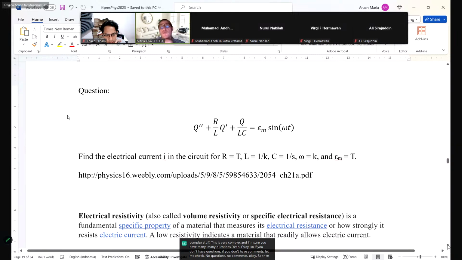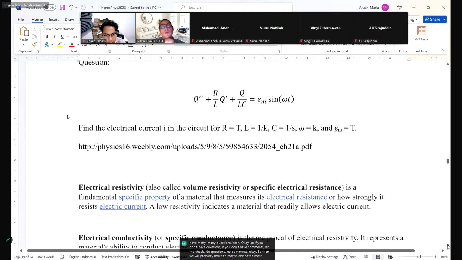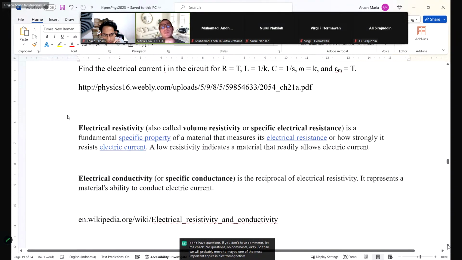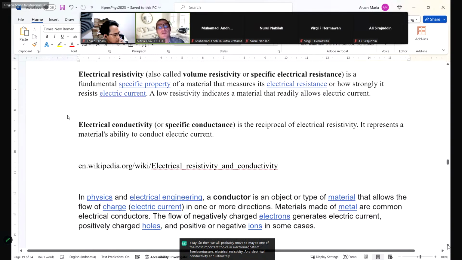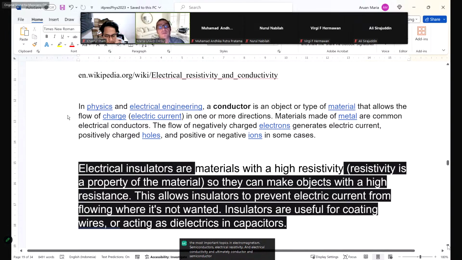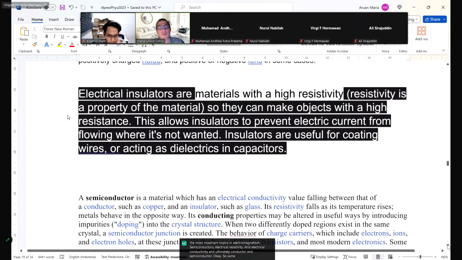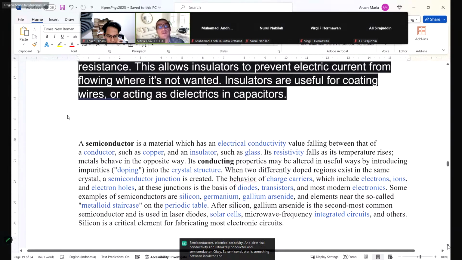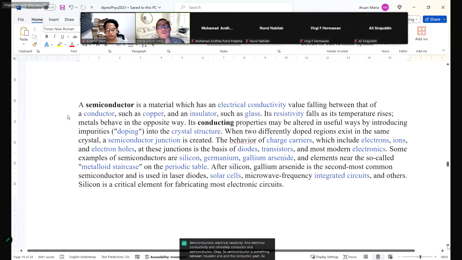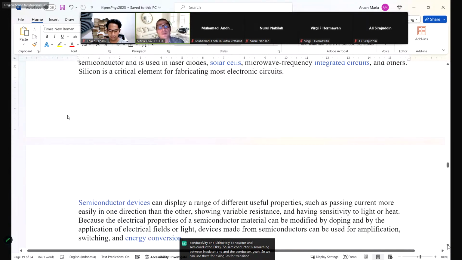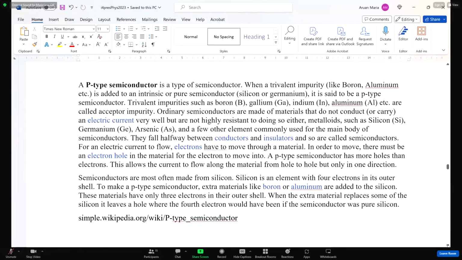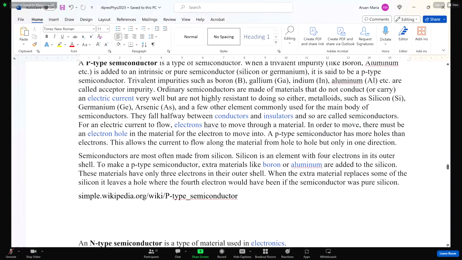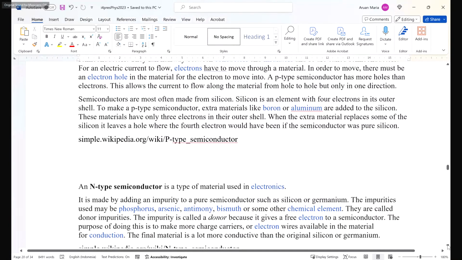So then we will probably move to maybe one of the most important topics in electromagnetism: semiconductors, electrical resistivity, and electrical conductivity, and ultimately conductor and semiconductor, okay? So a semiconductor is something between an insulator and a conductor, yeah? We can use them for diodes and for transistors. A p-type semiconductor has excessive positive charges, and an n-type semiconductor has excessive negative charges.